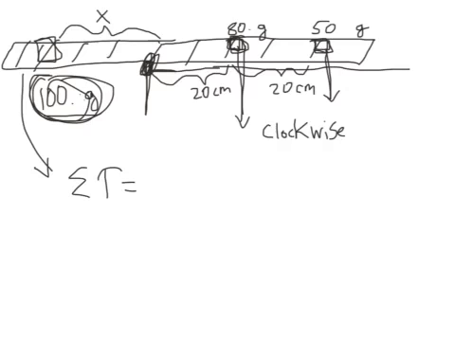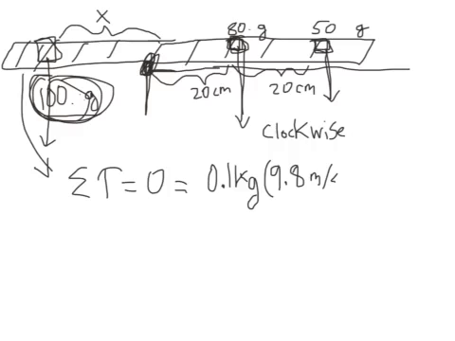We know that sum of all torques will be 0, that's the condition for static equilibrium. What are those 3 torques? The positive ones, those are the counterclockwise ones. There's only one of those. It's over here. So the force there is the 100 grams, which is 0.1 kilograms. It's not a force yet, that's the mass, but we can turn it into a force by multiplying by g, the acceleration of gravity.